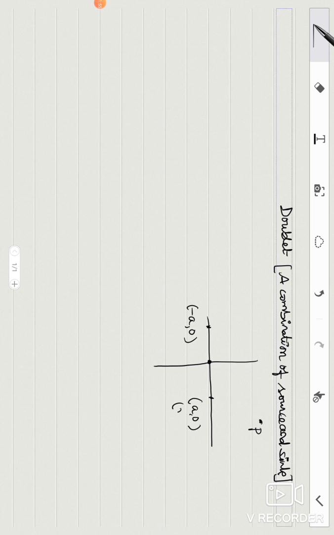Here we have a source of strength M and a sink of strength M. Whenever I write positive M, it simply means here is a source. Whenever I write minus M, it simply means here is a sink.